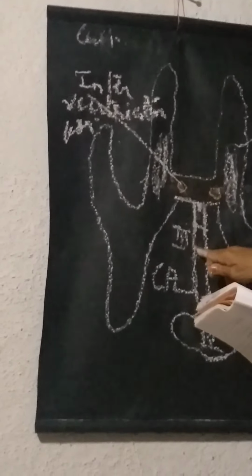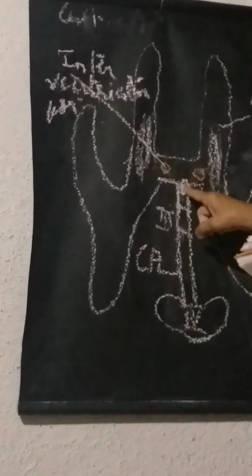The two ventricles are communicated with each other by the interventricular foramen. Below, it communicates with the third ventricle through a foramen, and this is called the foramen of Monro.